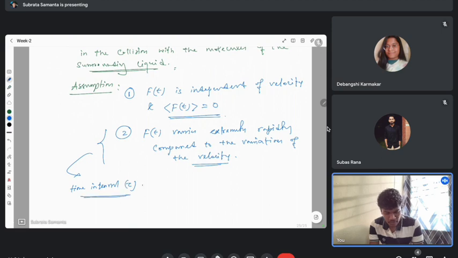We choose a time interval tau. In this time interval tau, the variation of the velocity is small, right? But f(t) may undergo many fluctuations.